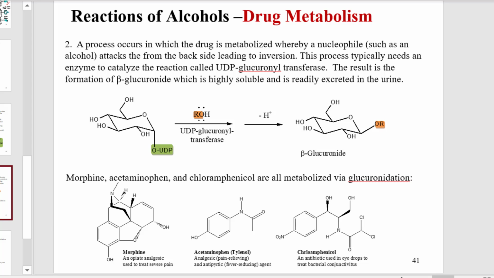So what happens is that an alcohol will now interact. We can come back to this in a subsequent chapter, but what's more likely happening is that this oxygen assists in having this guy leave.